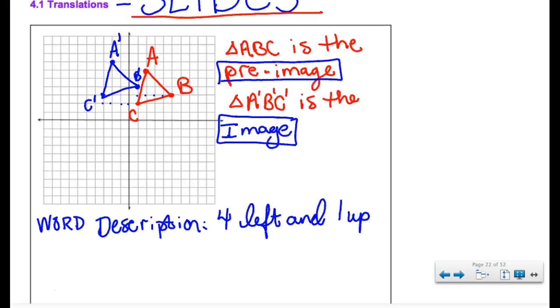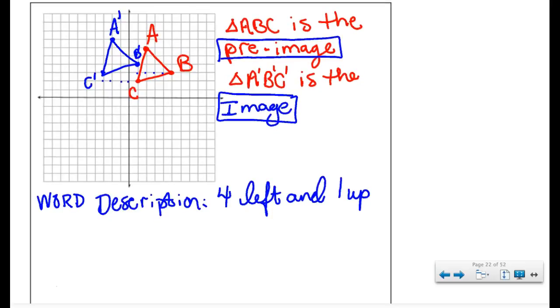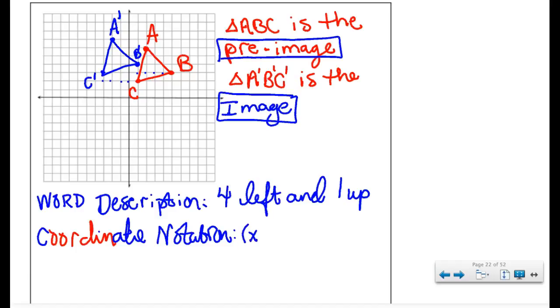Now when I describe it algebraically or with coordinate notation, I tell you what I did with each point, and every point is considered x comma y on the pre-image. Remember, I took A and I moved it 4 to the left and 1 up.